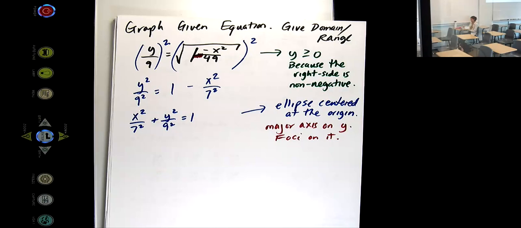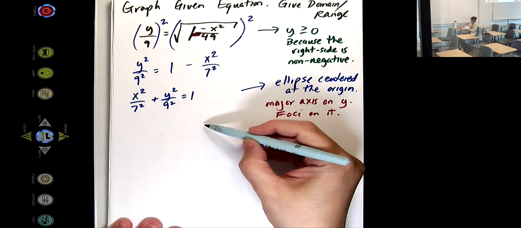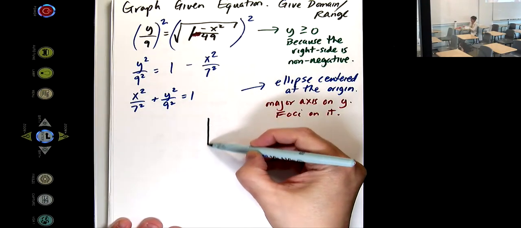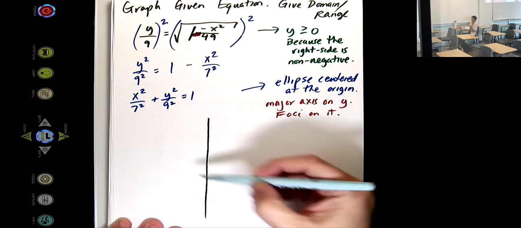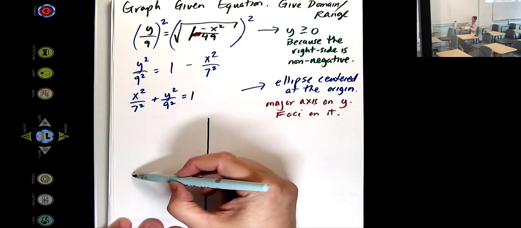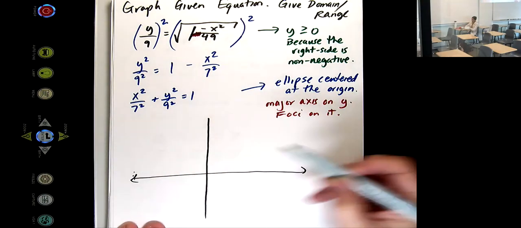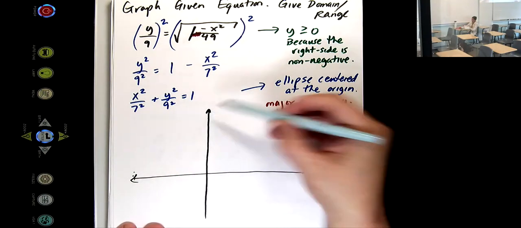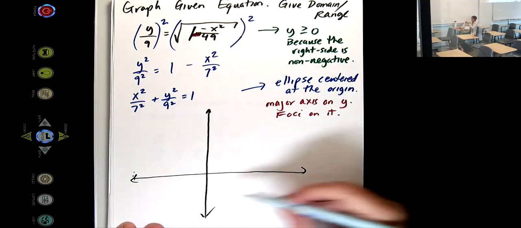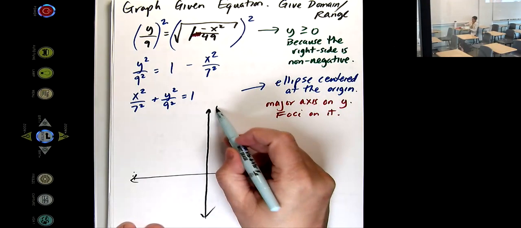So it says graph it. This is centered at the origin. And they made it kind of big. But I know y has to be greater than or equal to 0. So I really don't need the bottom half of this graph.